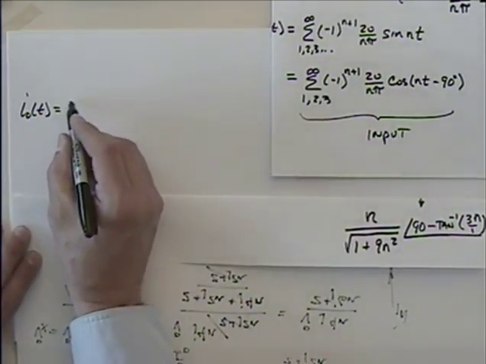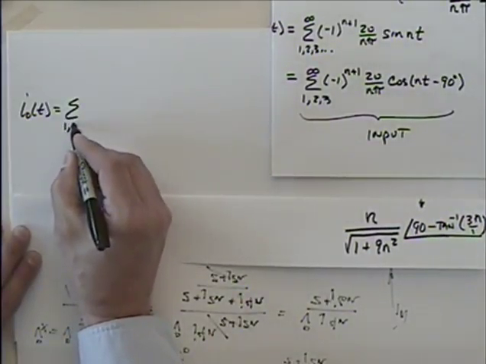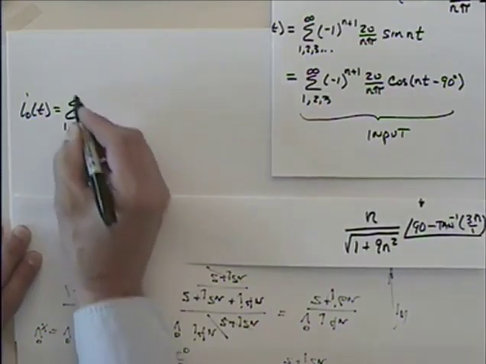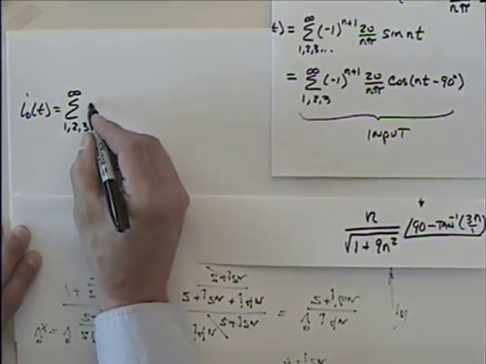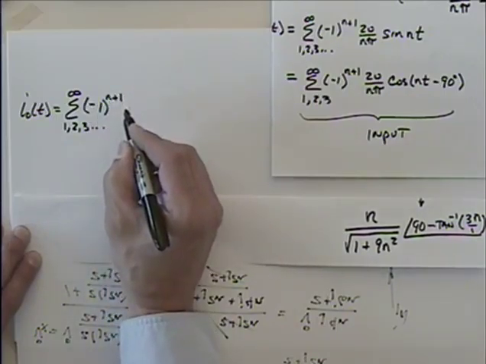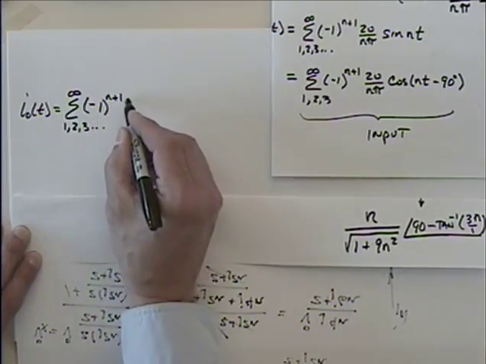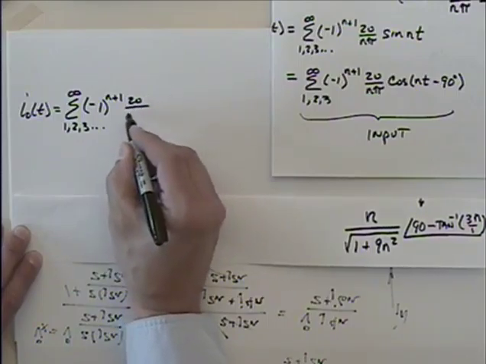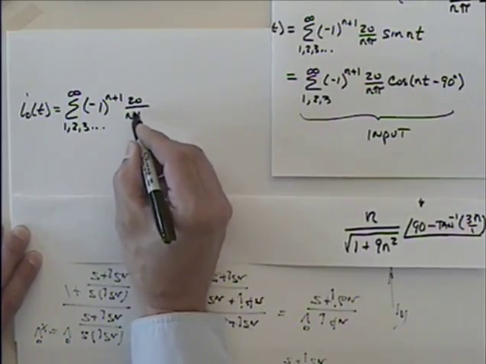So I'll have the sum, n equals 1, 2, 3, and so on to infinity, of minus 1 to the n plus 1. And then I have the 20 over n pi.